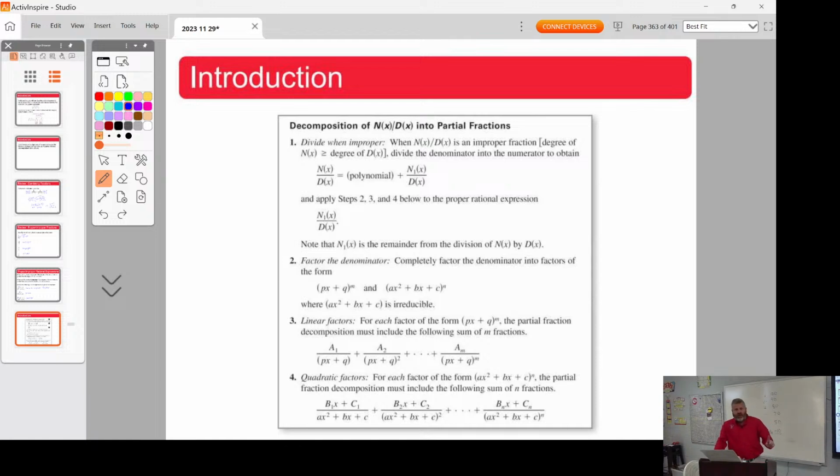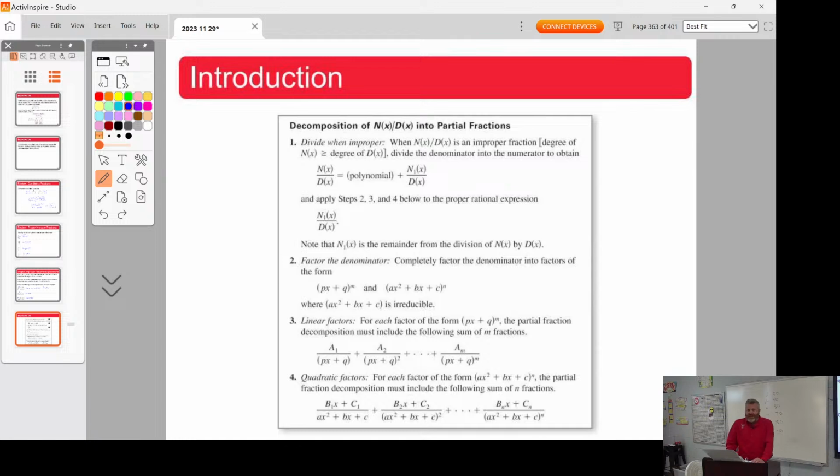Number 1, if your fraction is improper, you must first do division, which is going to be longhand division. Okay, we will not look at an example of that today. Once you have that done, then you'll look at just the fraction part. Step number 2, factor the denominator.